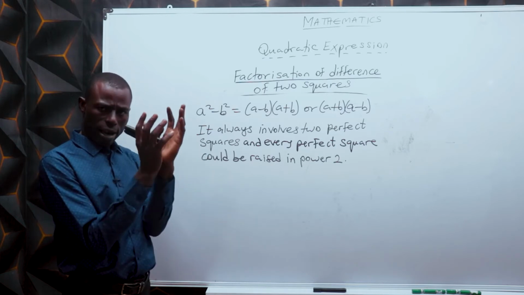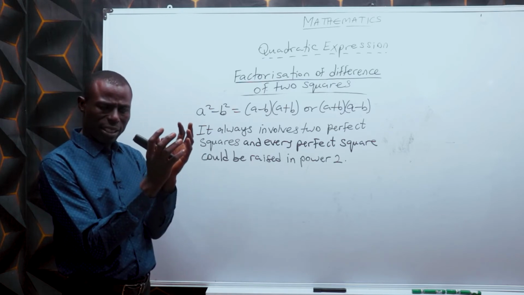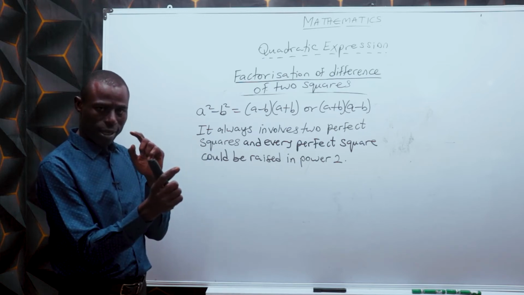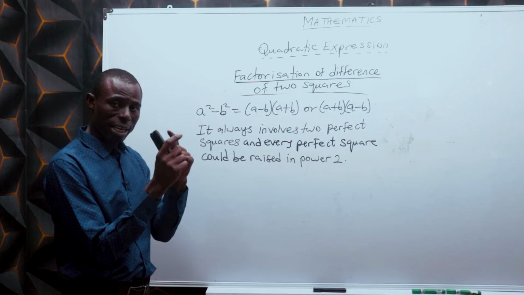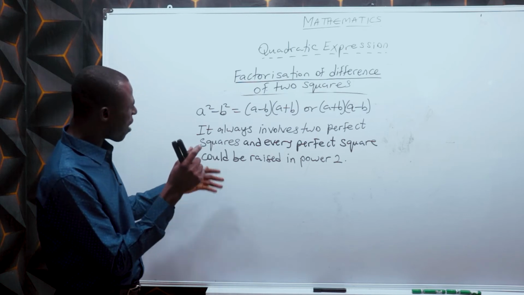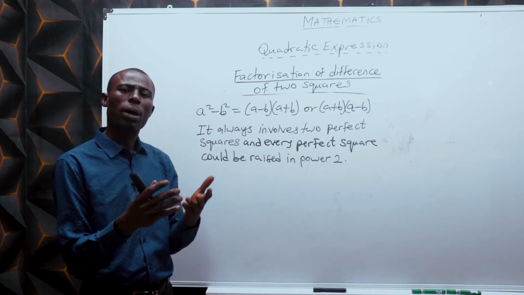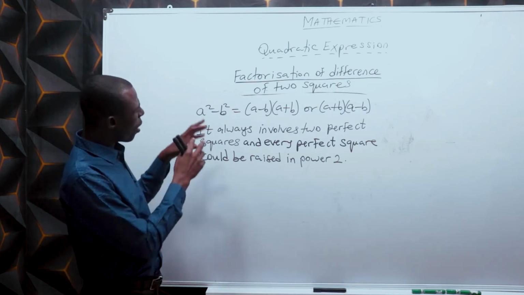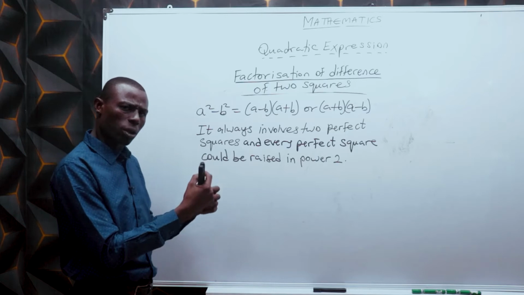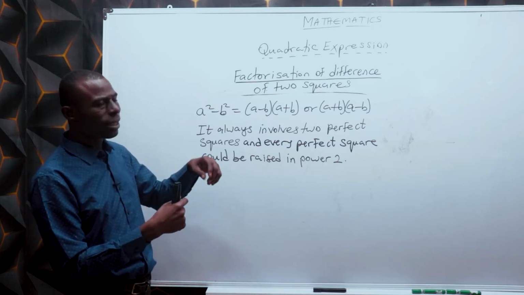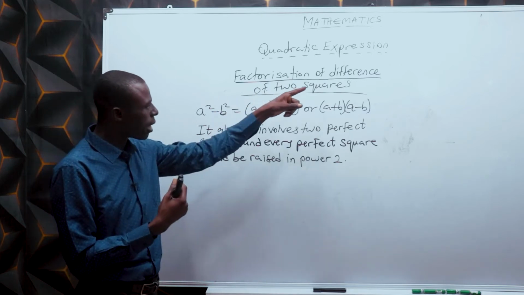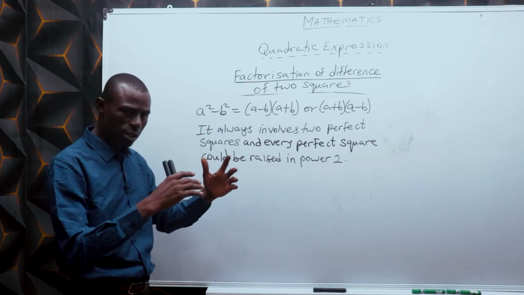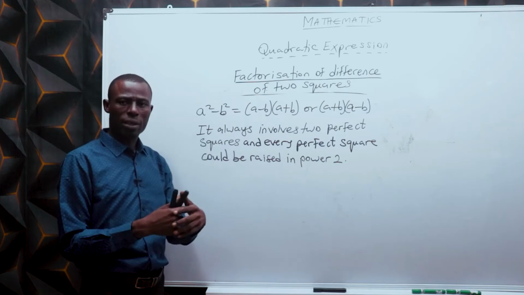Anytime you have two squares, that is, two numbers that are perfect squares, they are what we call squares, because every perfect square could be raised in power 2. And anytime you have 2 of them and you want to subtract 1 from the other, then we are talking about difference of 2 squares. Difference is subtraction. Subtraction is difference. So difference of 2 squares.